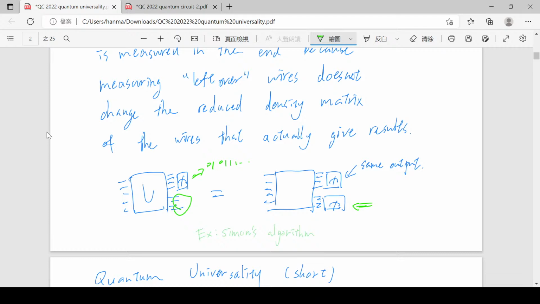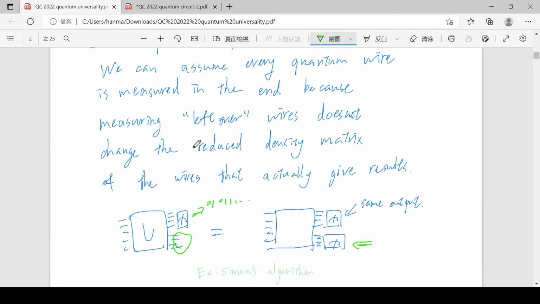Anyway, for the proof of this, we kind of hand-wave over it, but we did mention this when we talked about the reduced density matrix. Basically, the upper register and the lower registers don't have any more interaction. That's important. If you want to apply this, you need to make sure those are actually left over, and they don't interact with other things anymore. If those are left over, then this is a very sensible principle, because the qubits here and the qubits there can be physically very far away.